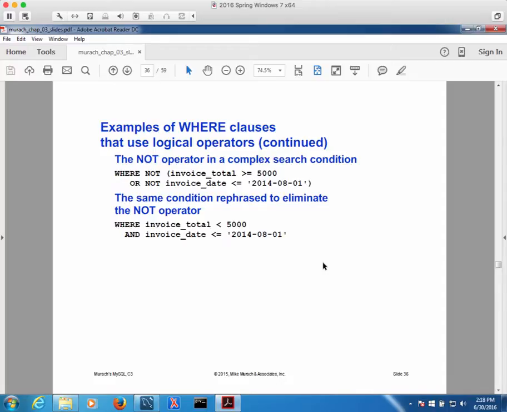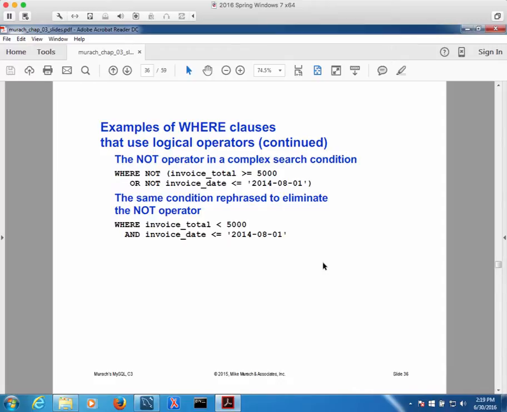So we're not invoice total greater than or equal to 5,000, or not invoice date less than or equal to that. The same condition rephrased to eliminate the not operator, where invoice total is less than 5,000 and invoice date is less than or equal to.